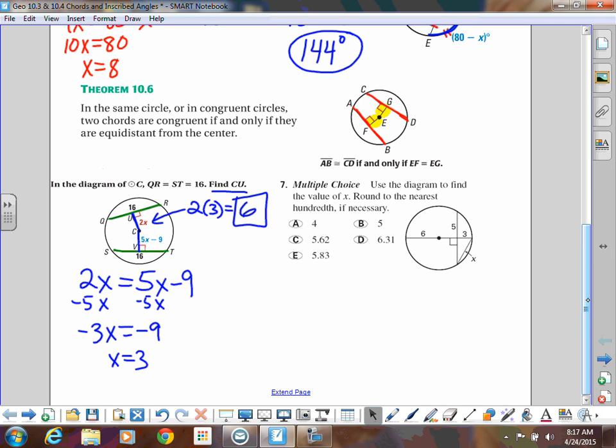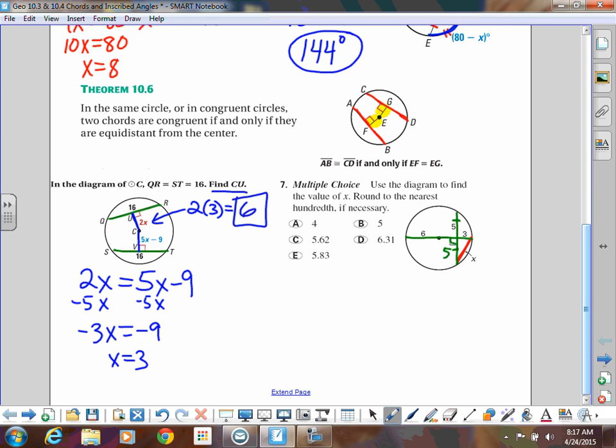And then over here, we are trying to find the value of x. So x is this distance here. All right, and they tell us that this diameter is perpendicular to this chord. So remember, that means that this chord is bisected.